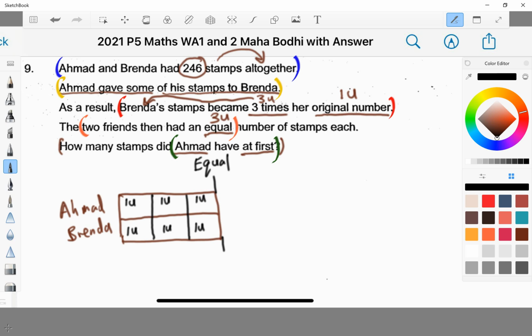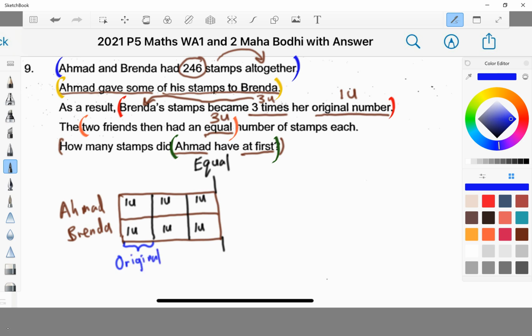So the question is trying to tell us that as a result of receiving the stems from Ahmad, Brenda's stems became 3 times her original. So this goes to show that her original stems is only 1 unit. So I'll indicate over here with the blue color brace, that's her original.